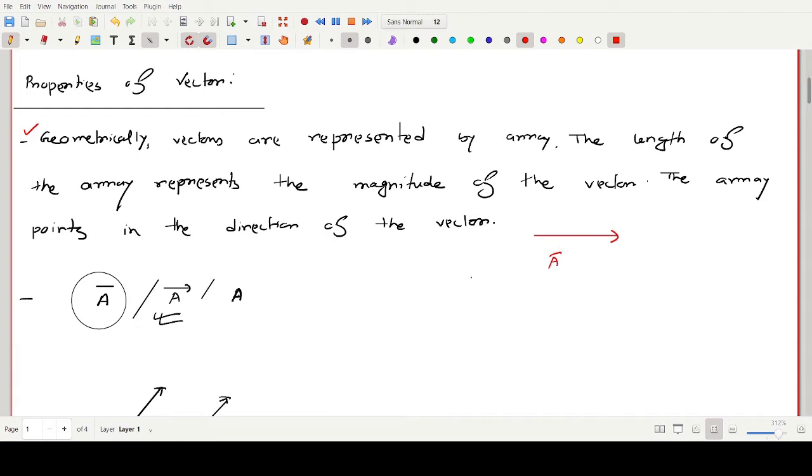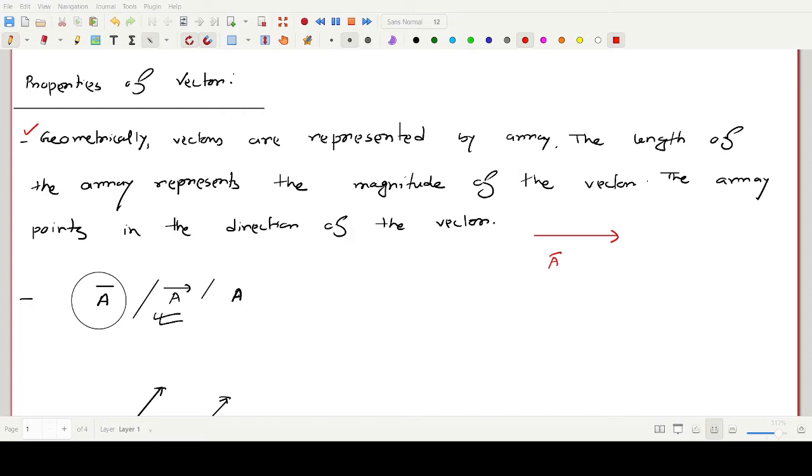The length of the arrow represents the magnitude of the vector, and the arrow points in the direction of the vector. But remember one thing: it does not mean that whenever you have an arrow it represents a vector. A vector does not mean an arrow; this is a representation of a vector.